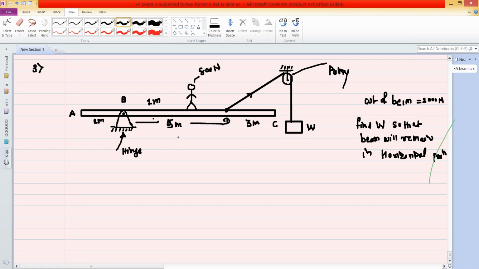That means by using weight W, we have to maintain the equilibrium of the beam.